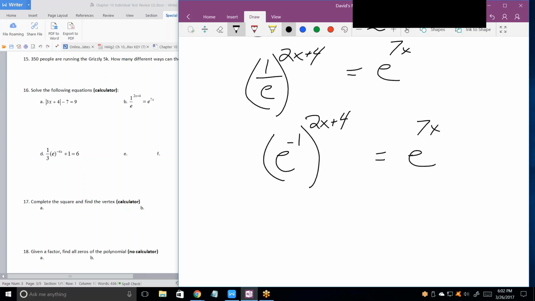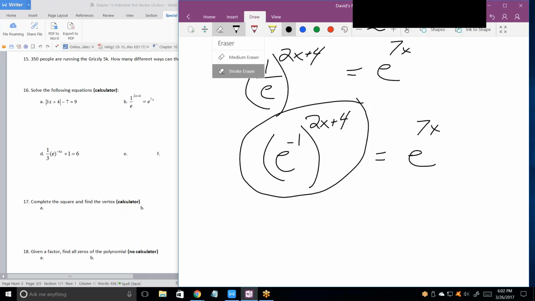Now, how do I handle this double exponentiation on the left side of the equation? You've got to make both sides equal to each other, like the base. First of all, you've got to combine those exponents to come up with e to a certain exponent. How do I do that?